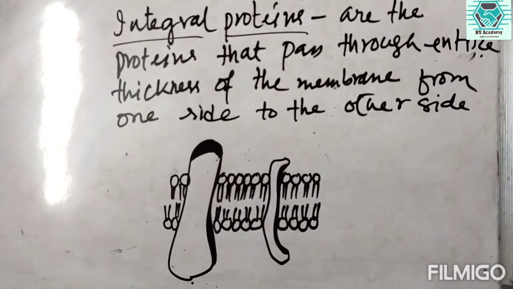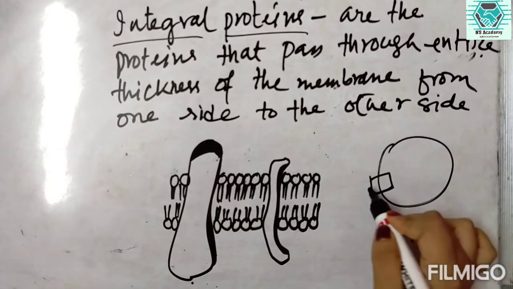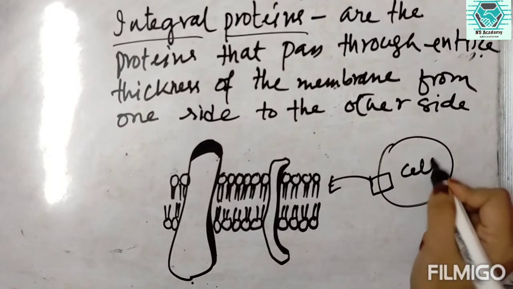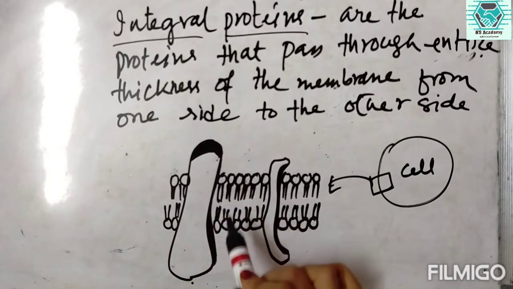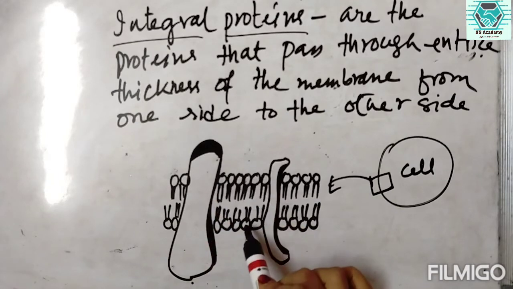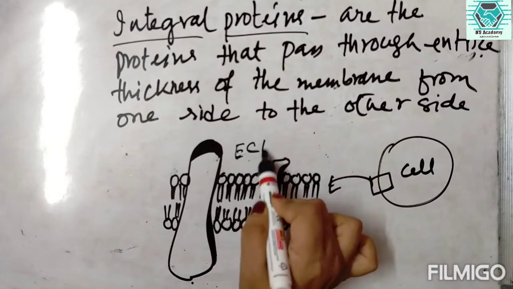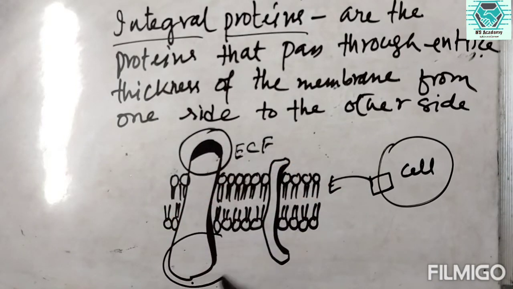Integral proteins are those proteins which pass through the entire thickness of the membrane. If we consider that this is the enlarged view of a part of a membrane, these kinds of proteins pass through the membrane lipid bilayer, and they have one extracellular part and an intracellular part.